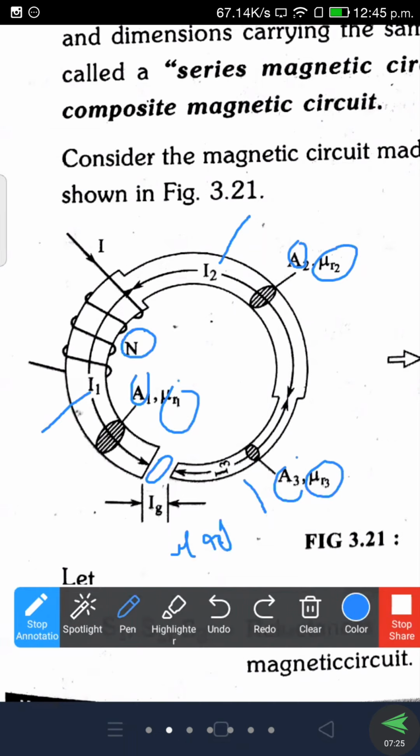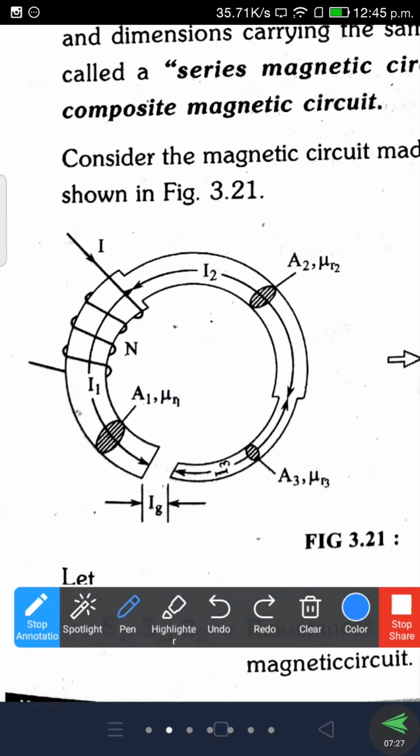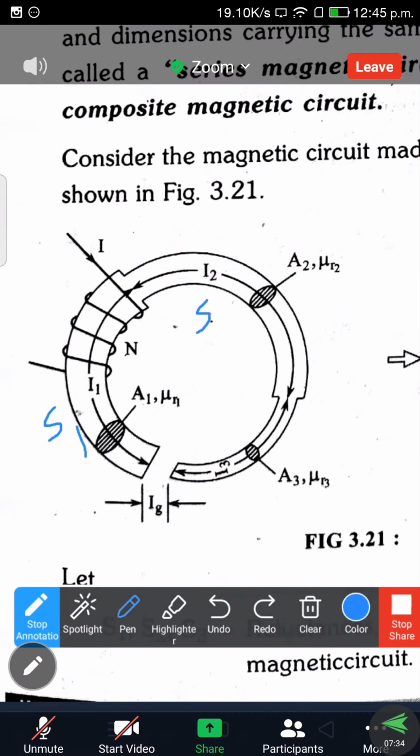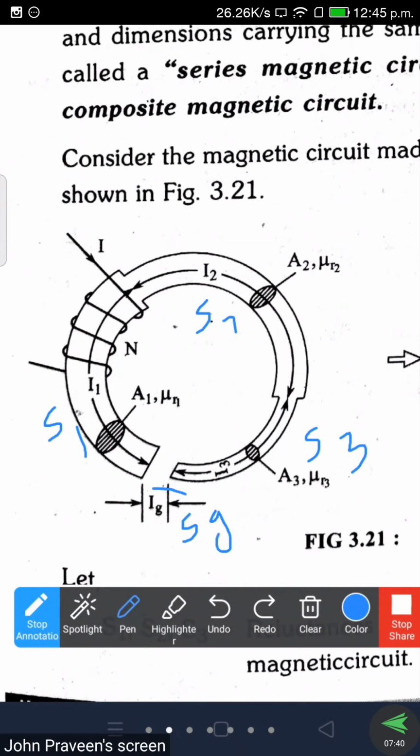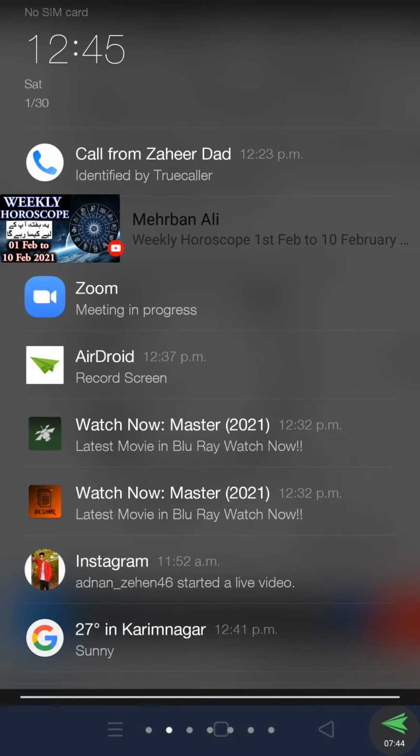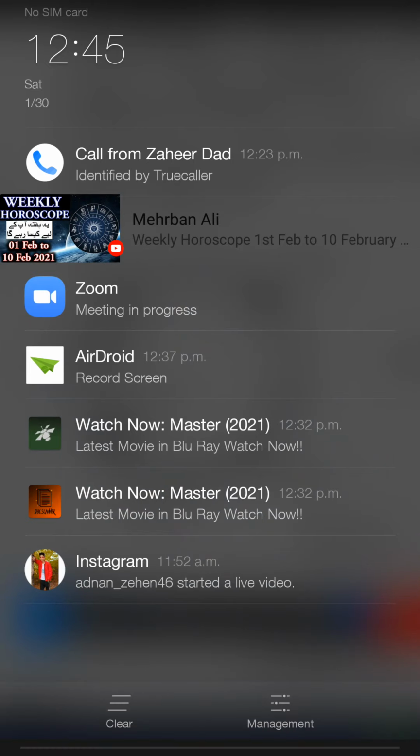So one of the assumptions here is S1, S2, S3. For the air gap it is Sg, but the reluctance is not considered for the air gap.